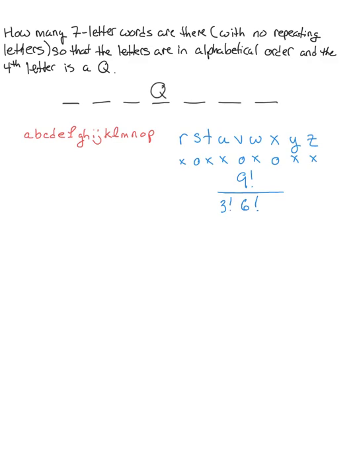So here we have 16 letters to choose from in a similar situation. So we could even have an O, X, O, O, O, X, O, O, O, O.